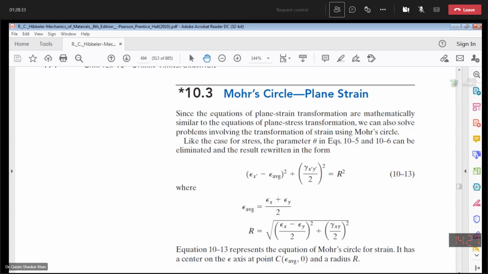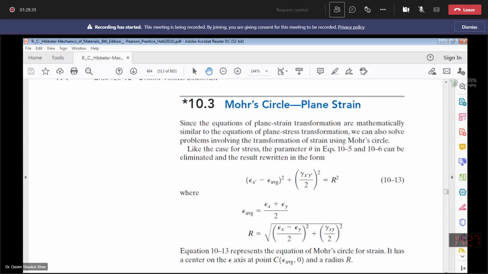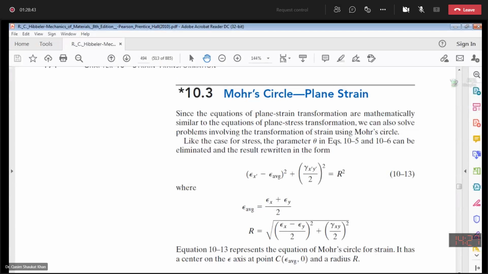Okay, Bismillah Rahman Rahim. Let's start with a new topic, that is Mohr's circle for plane strain. Since the equations of the plane strain transformation are mathematically similar to the equations of the plane stress transformation, we have already derived the equations for the plane strain transformation: epsilon x dash, epsilon y dash, and gamma x dash y dash over 2.